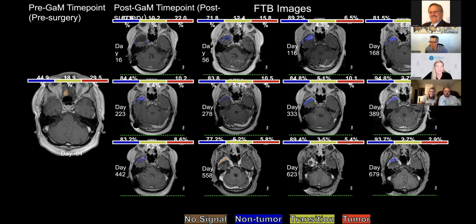Okay, Dr. Hu, do you want to show us the progression over time of the FTB map? Sure. I just want to make sure that I have the right slides, but I apologize for the overlapping font here, but it looks like this is day 16 and day 56. I believe that the post-gallium time point was after day 56. Is that right?